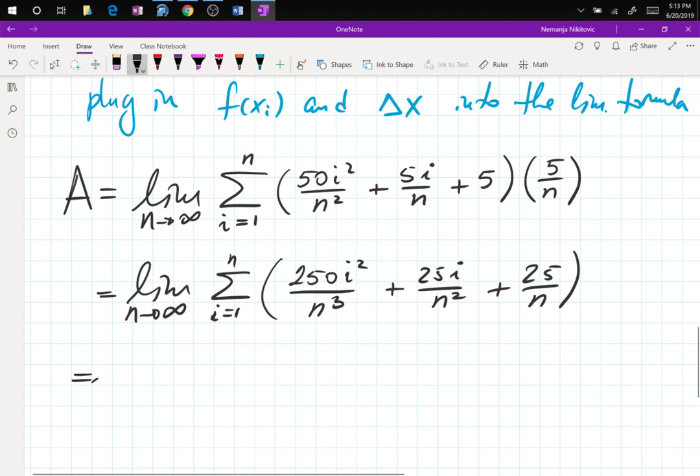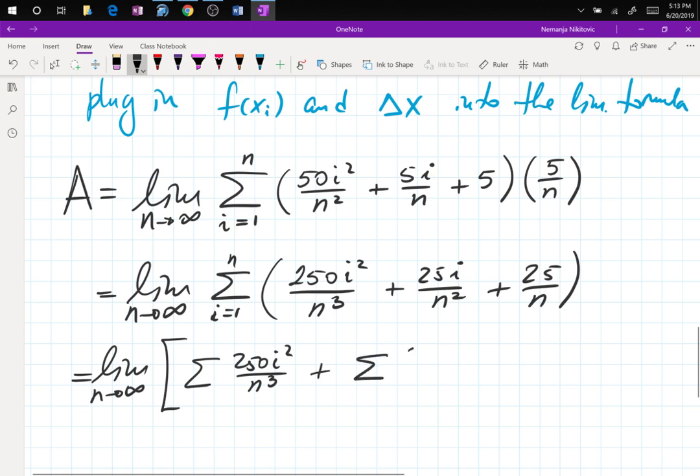So you will start with the limit n goes to infinity, and then in these brackets you are going to give sum to each one of these individual terms. So summation of 250i squared over n cubed plus another summation of 25i over n squared plus summation of 25 over n.